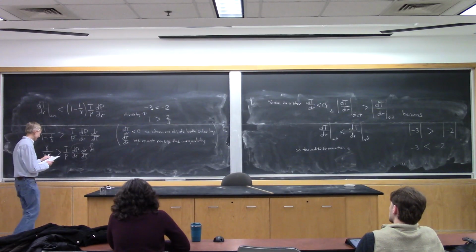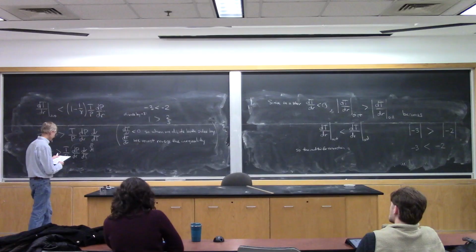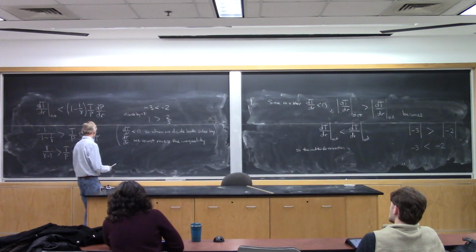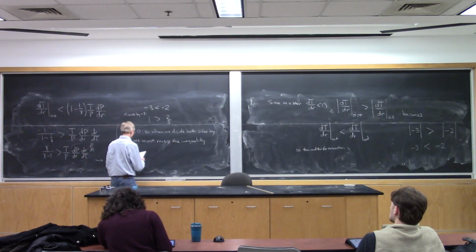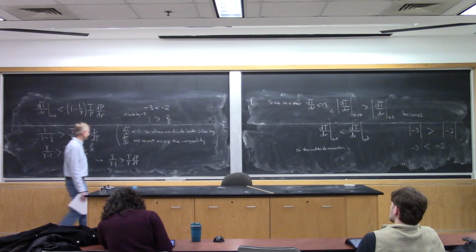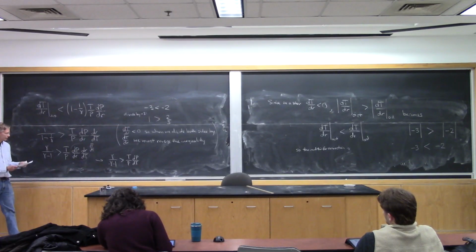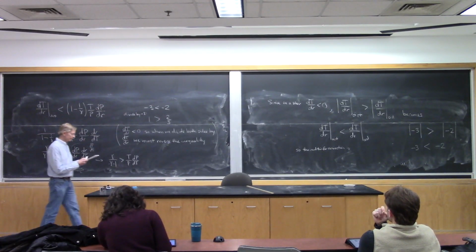So we can say that our next step is that gamma over gamma minus 1 needs to be greater than T over P, dP/dT.